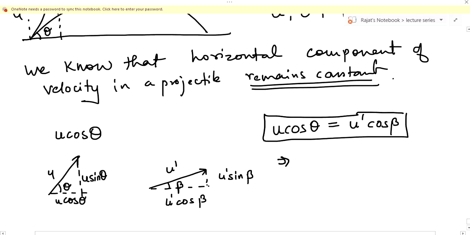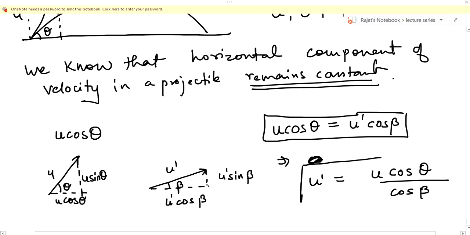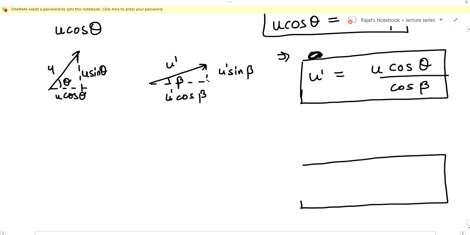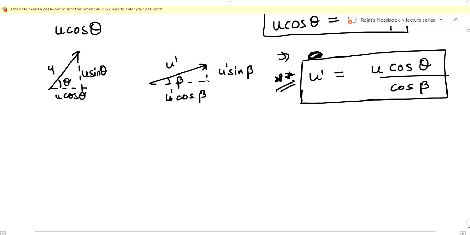So from here I get u dash is equal to u cos theta upon cos beta. So the final velocity when the angle is beta is u cos theta upon cos beta. Very important result, and very handy.